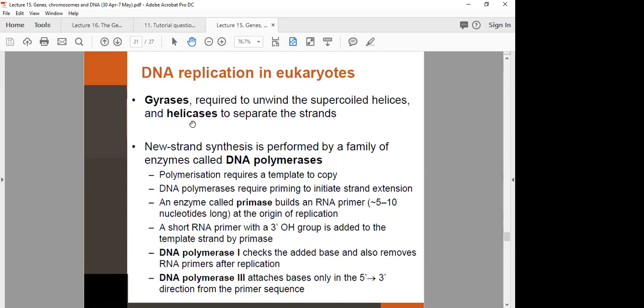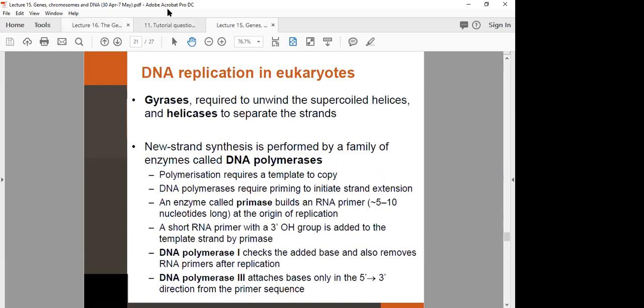So another type of enzyme called a helicase will separate the 2 strands of DNA from each other, and it does so by breaking the hydrogen bonds. Okay, so that's those two enzymes. Now we're going to look at how the new strand synthesis takes place. And this takes place through the action of enzymes called DNA polymerases.